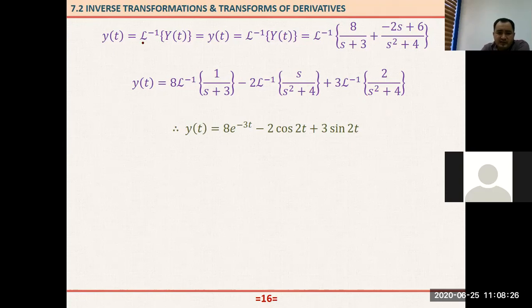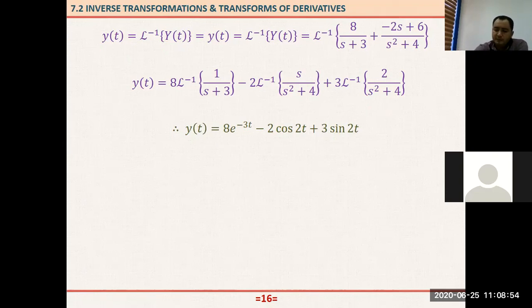We are just taking the inverse of this Y because we have already obtained this Y, and it gives us our original function. So the solution of the given initial value problem is this thing. That is the main idea of applying Laplace transform or its inverse to differential equations with constant coefficients.